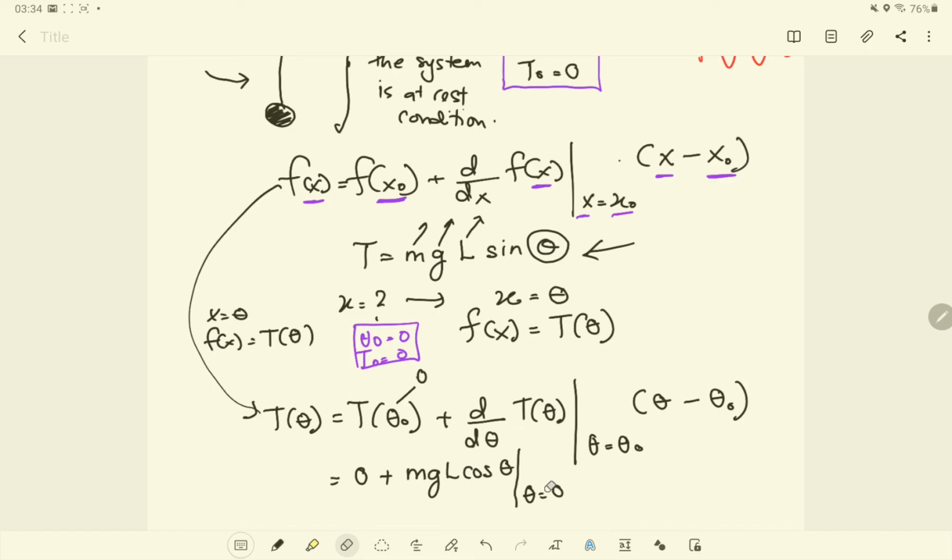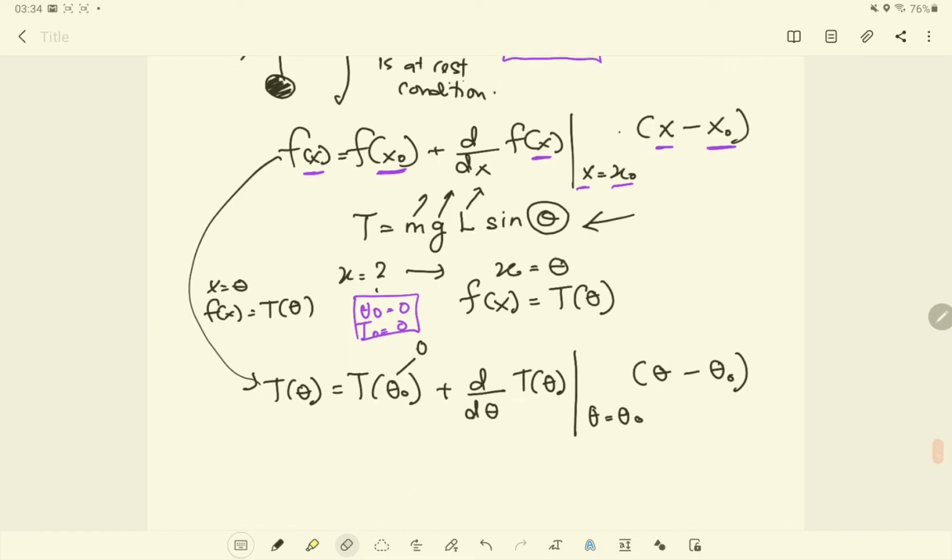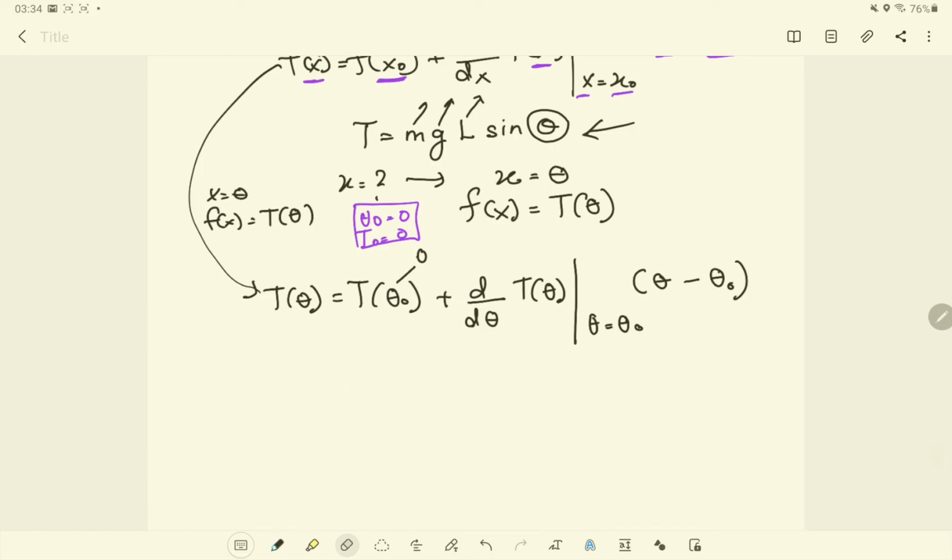Okay, we start again. So T(theta naught) is equal to 0 at rest condition, plus the derivative of T(theta), which is mgl cos theta, with theta replaced by 0, multiplied by theta minus 0, because theta naught is equal to 0 from here.